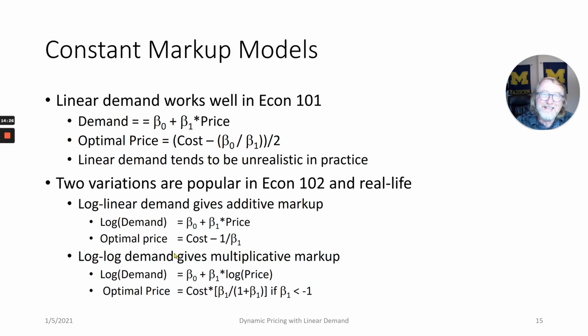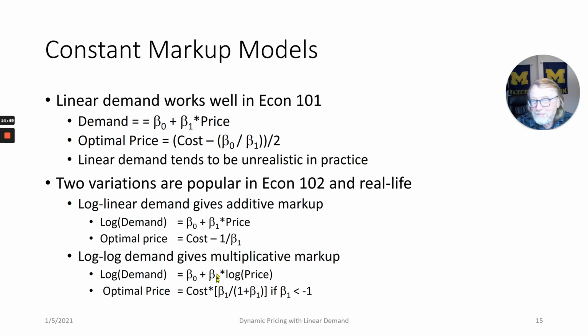And then log-log is a little bit more sophisticated, where you take log demand and log price. And in this case, beta sub 1 is called the price elasticity, right? The elasticity of demand to price, right? And then the optimal price is multiplicative. You take your cost, you multiply by a factor.